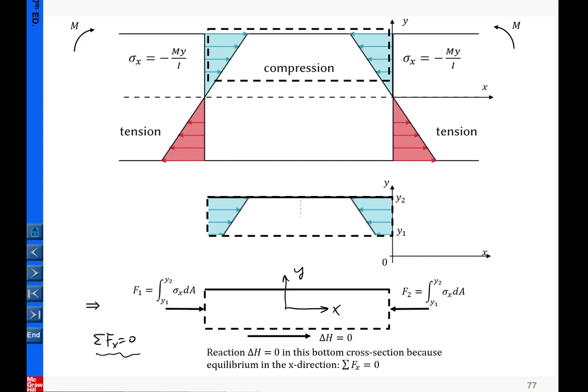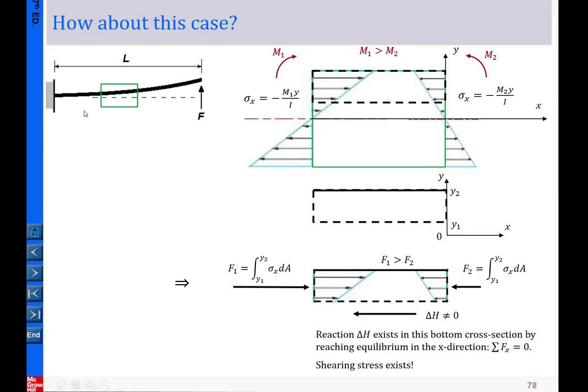Okay, so look at this. If we consider this case, this is called the cantilever beam, and the cantilever beam is under point loading here. So let me take a free body diagram of this portion, like this one here.